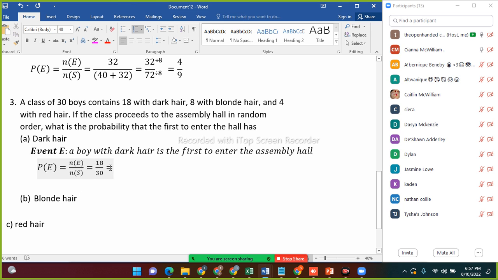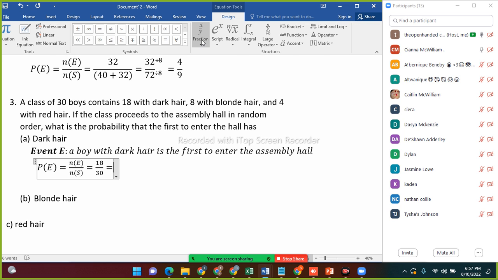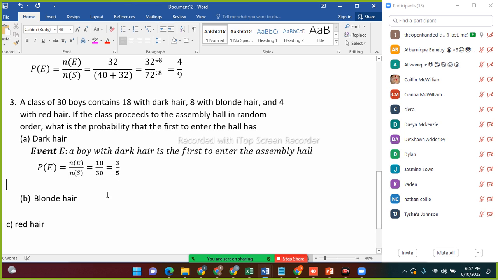When we divide 18 by 6 we get 3, and 30 by 6 we get 5. So it's 3 over 5. The probability that a boy with dark hair is the first to enter the assembly hall is 3 over 5.